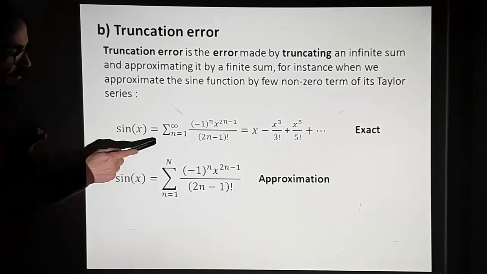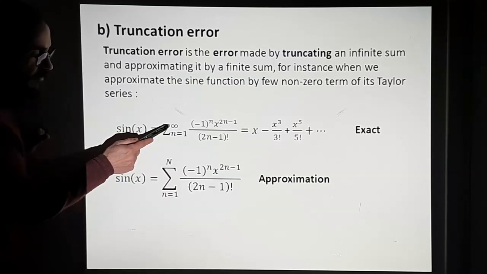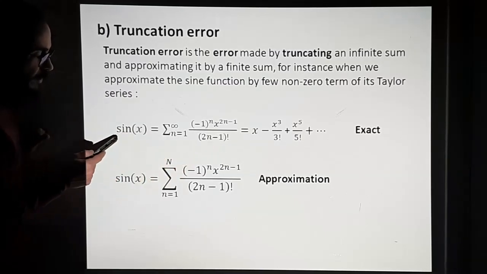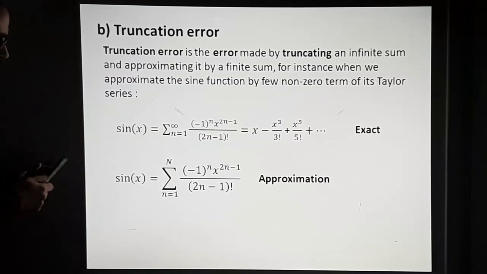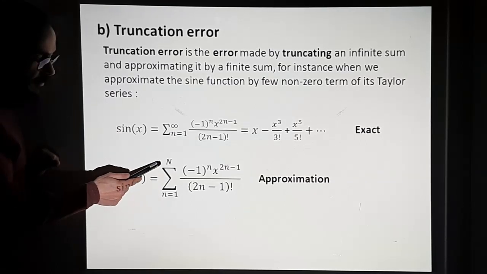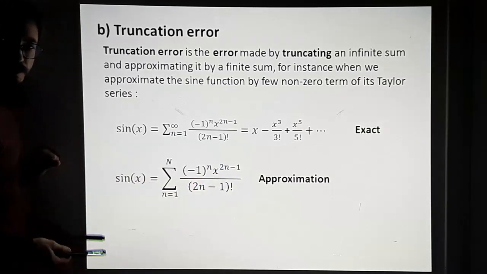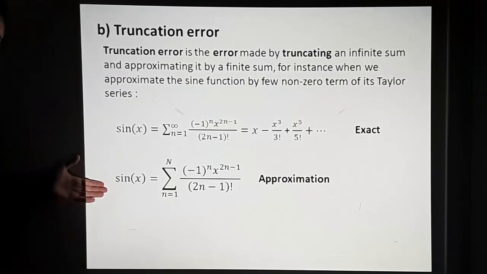For example, this is the Taylor expansion for sin x. Now if this sum goes to infinity, then this would give you the exact value for sin x. But in reality, we truncate this sum up to some number n. So what we get is an approximation to this function.